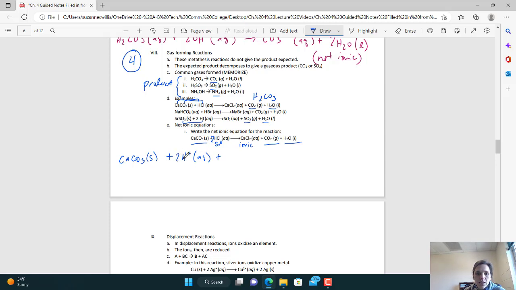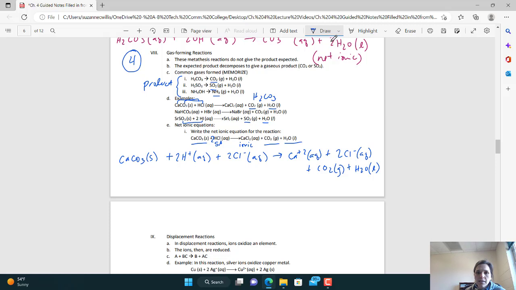So there's going to be 2 H pluses and 2 Cl minus. And then you break apart your calcium chloride, showing their charges. And remember, there are 2 chlorides there, plus CO2 gas, plus liquid water. And that's your complete ionic.